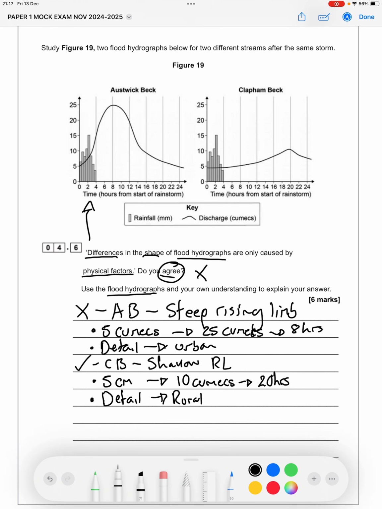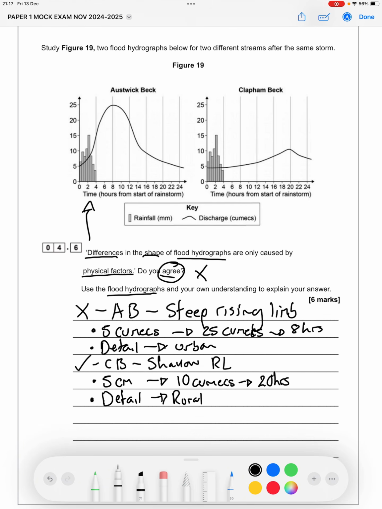So whenever you've got something like this, you want to make your point really clear. No, I don't agree. Yes, I do agree. And then use the figure to put your point across. I can see it was 5 and then it's 25 in 8 hours. So it goes up by 20 cumecs in 8 hours, whereas Clapham Beck goes up by 5 cumecs in 20 hours. Then you get your detail in.